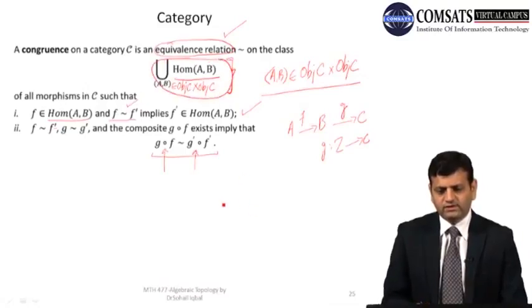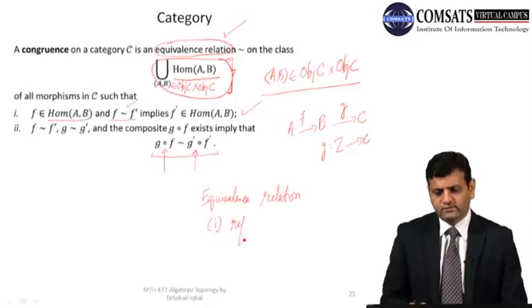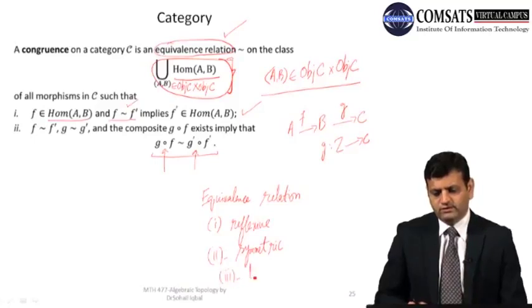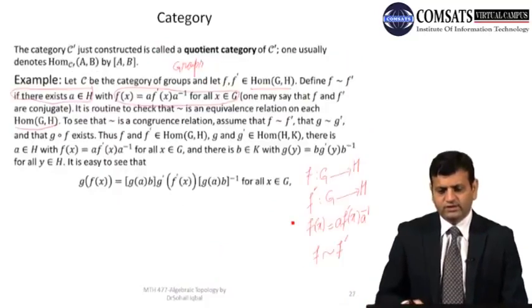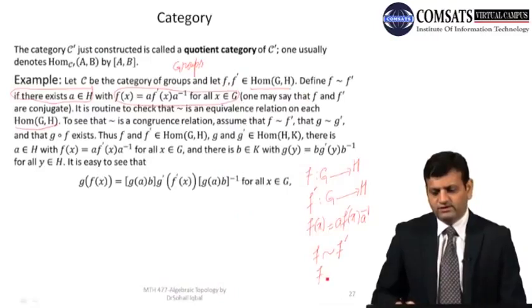So what is an equivalence relation? An equivalence relation is a relation which is reflexive, which is symmetric, and thirdly which is transitive. In other words, in this case I need to check, number one, that f is related to f.